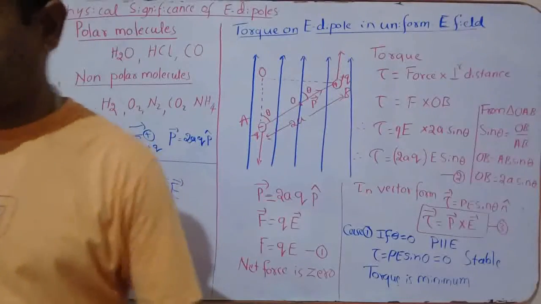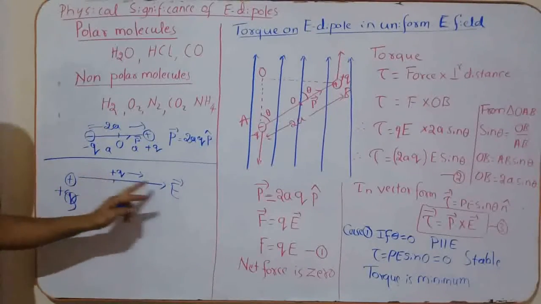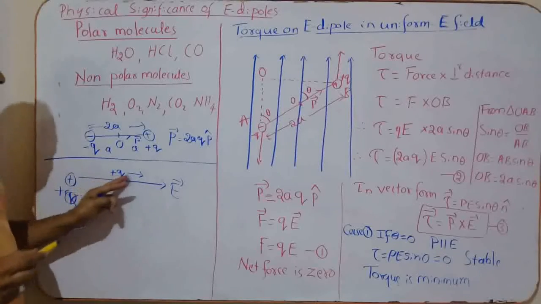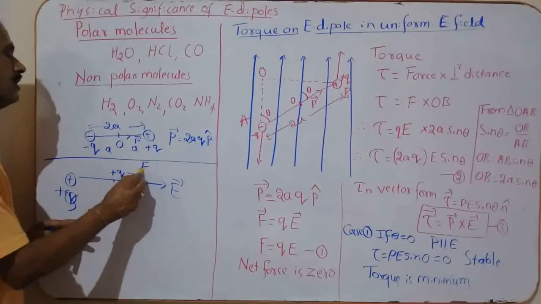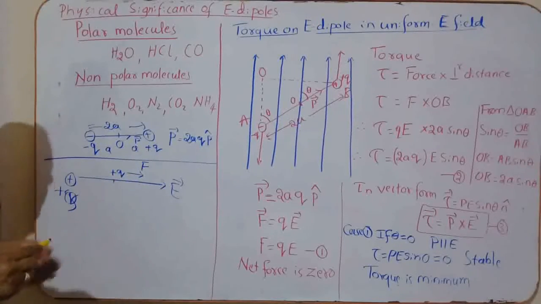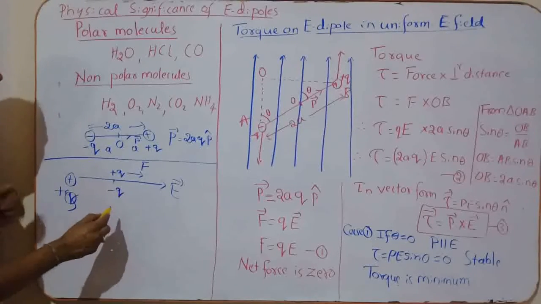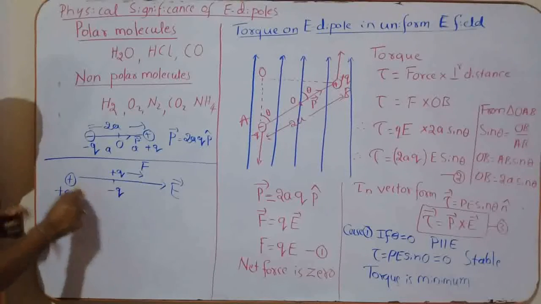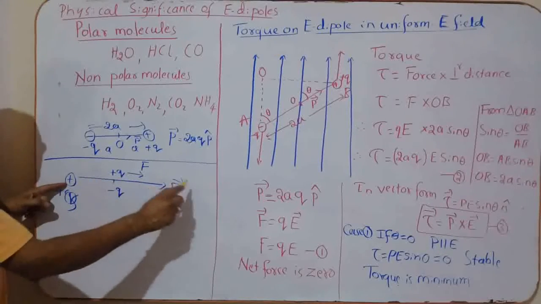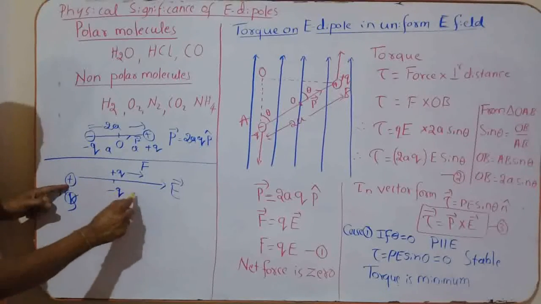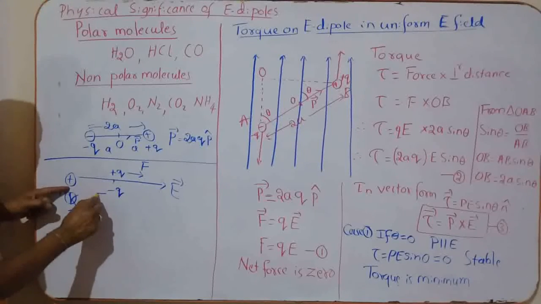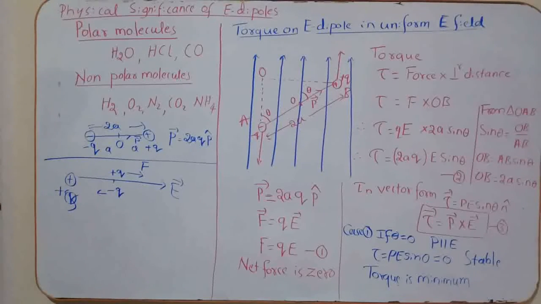It is a very important point. When a positive charge is placed in the electric field, the force on this charge acts along the direction of the electric field. Suppose a negative charge is placed at this point, in what direction does the force act? Due to the attraction, the force on this charge acts opposite to the direction of the electric field.